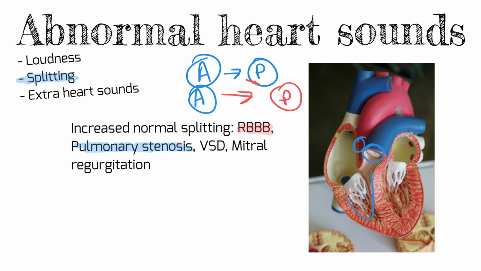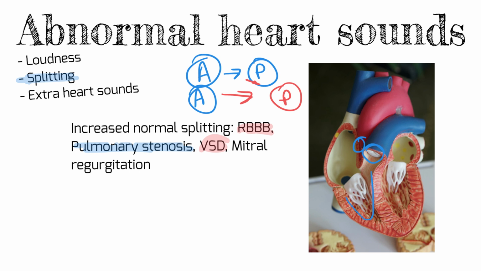What that means is that there's now more blood going through the right ventricle to the pulmonary artery. The more blood going through, the later the pulmonary valve is going to close, which is why VSD is one of the causes of an increased splitting of that second heart sound.